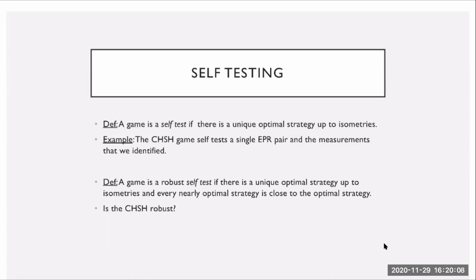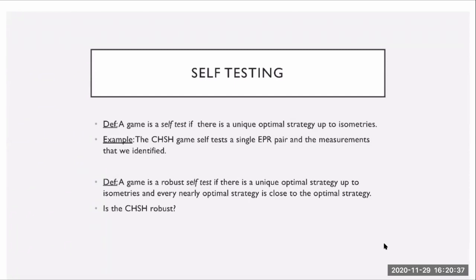So for the second part, you also want to say something about almost optimal strategies. You want a statement that says that in this game, not only is there a unique optimal strategy, but even almost optimal strategies are close in some sense, and I'll explain in what sense, to this unique optimal strategy.